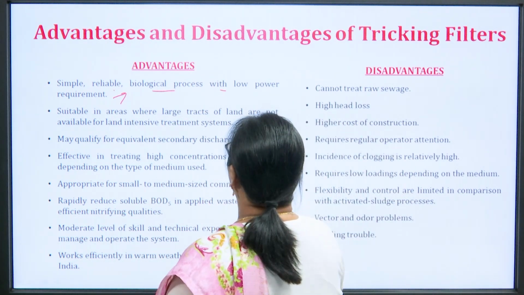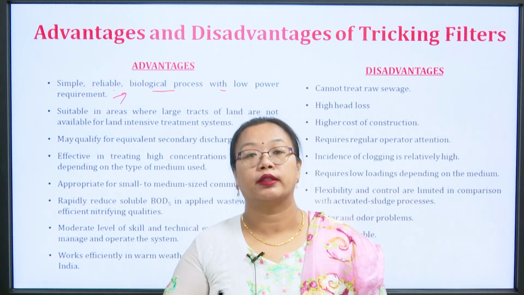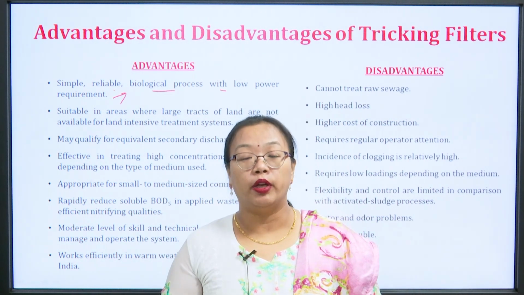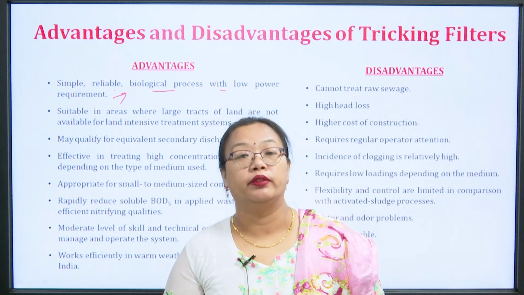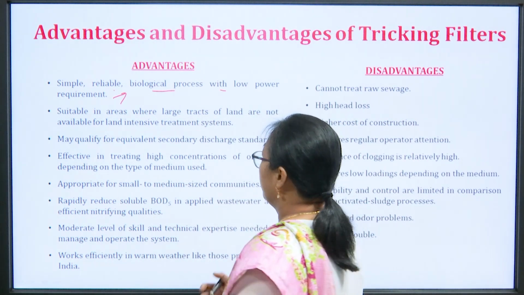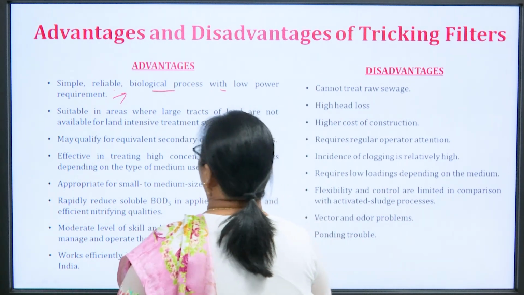So, for example, when we talked about activated sludge process, which we will be talking about in the next class, we are talking about huge amount of power consumption, but here very less amount of power consumption, right, because whatever oxidation is taking place, it is taking place like naturally.